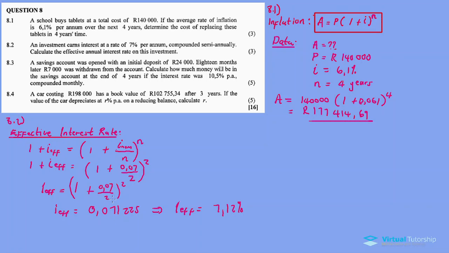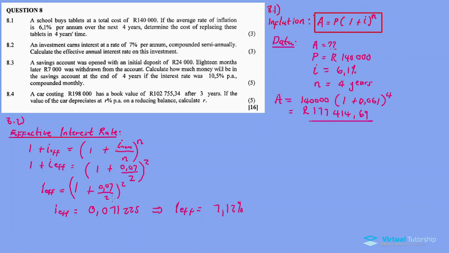Now we go to 8.3. In 8.3 they say a savings account was opened with an initial deposit of 24,000 rand. 18 months later, 7,000 rand was withdrawn from the account, right?